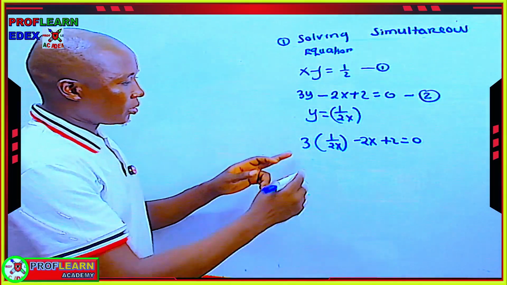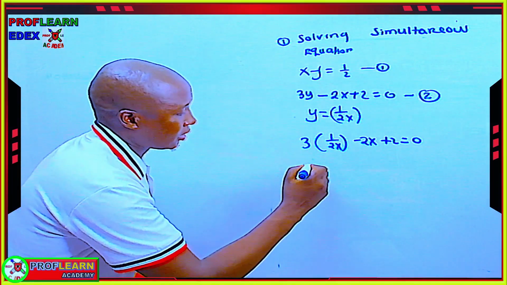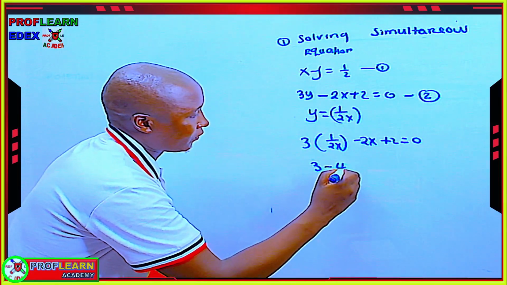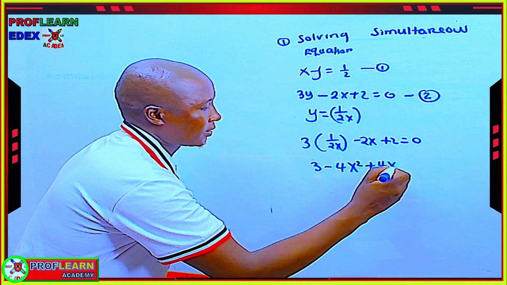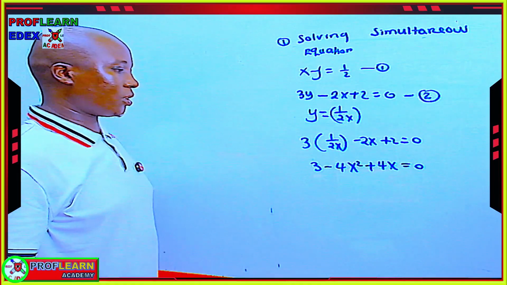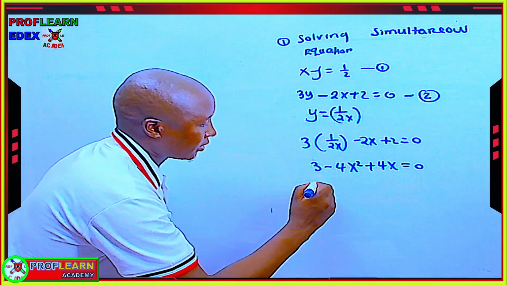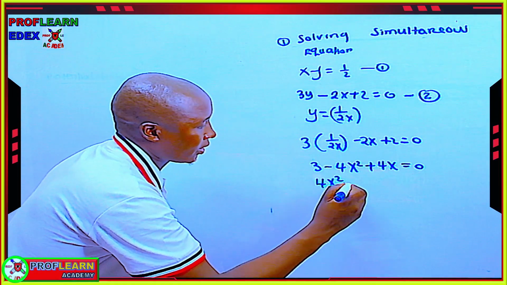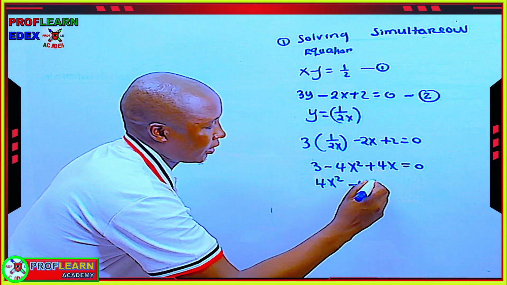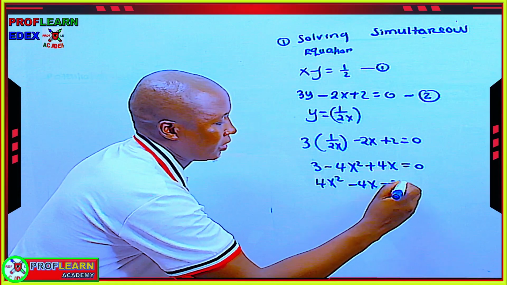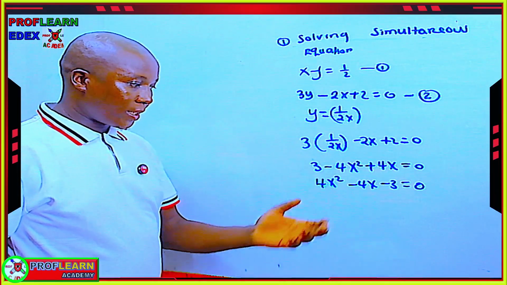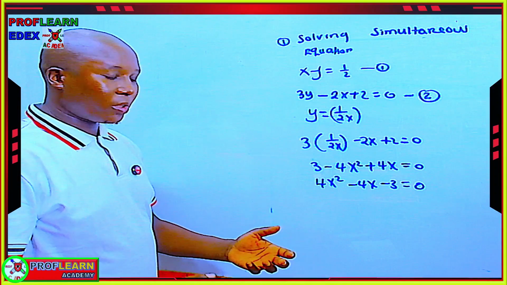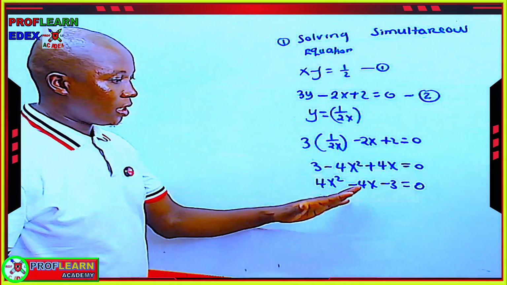We can multiply all through by 2x, and this gives 3 - 4x squared + 4x = 0. At this point we can say this is 4x squared - 4x - 3 = 0. Now we have a quadratic equation which we are going to solve to get the answer.